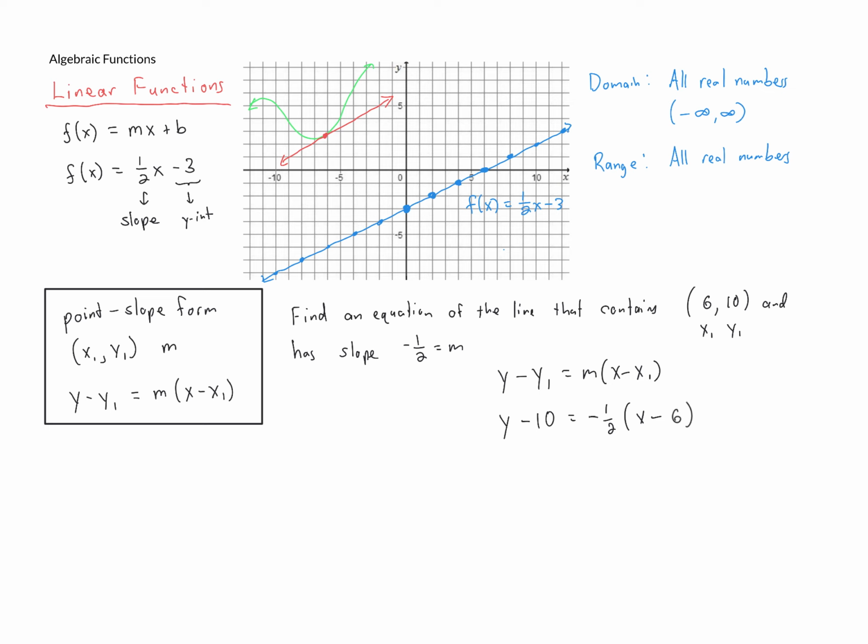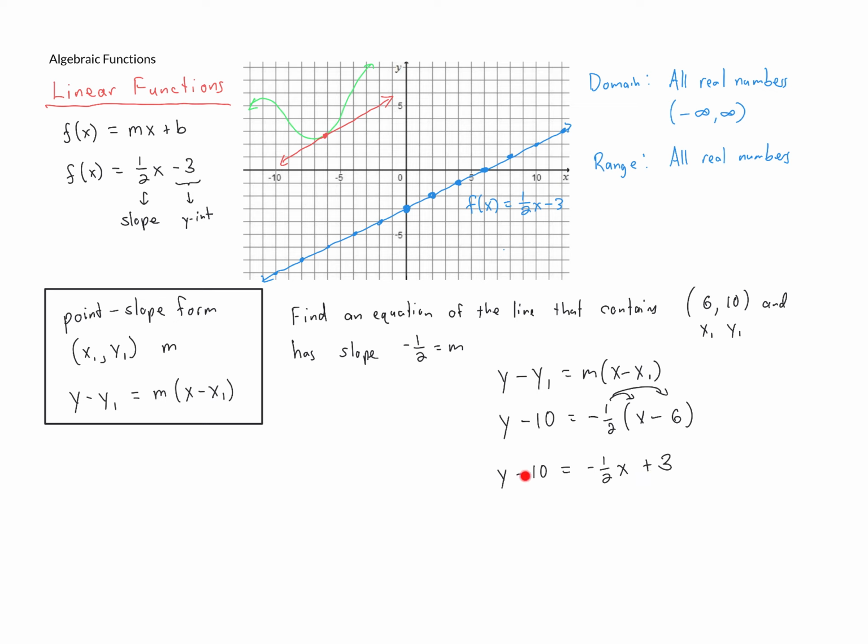So that is an equation, but often we want to rewrite this in slope-intercept form because slope-intercept form is kind of the gold standard. So if we want, we can distribute that -1/2 to each of the terms on the right-hand side. This gives us y minus 10 equals -1/2x plus 3, because a negative times a negative is a positive, and 1/2 of 6 is 3.